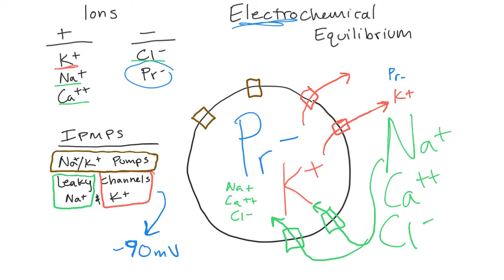But the sodium and potassium pumps use ATP, so it's going to be an active process. They're going to pump sodium and potassium against their concentration gradient.